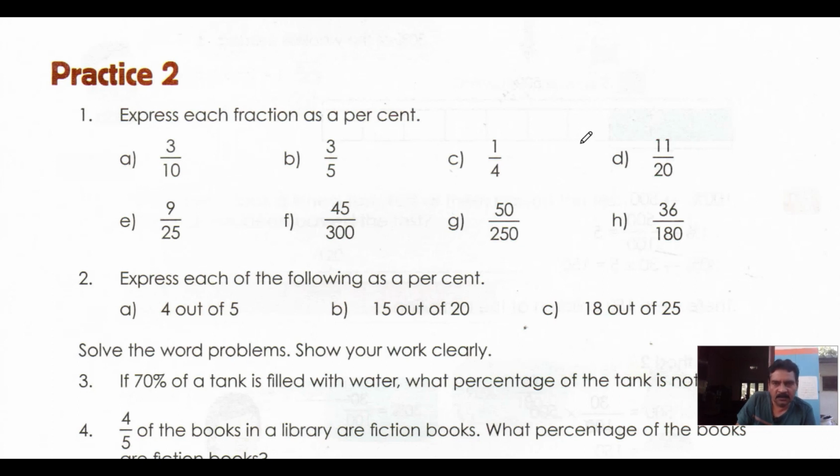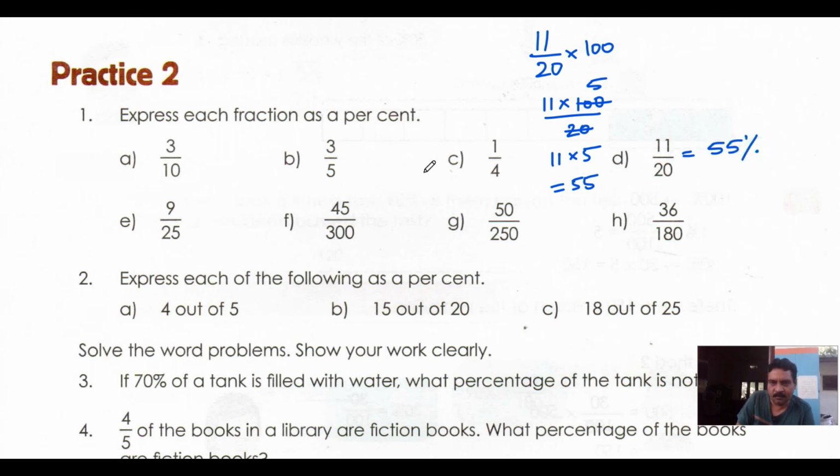Then go to the next one, that is 11 by 20. So 11 by 20 into 100. So 11 into 100 by 20. 20 ones are 20, 20 fives are 100. So 11 into 5 is equal to 55. So this is 55%. It's very simple.